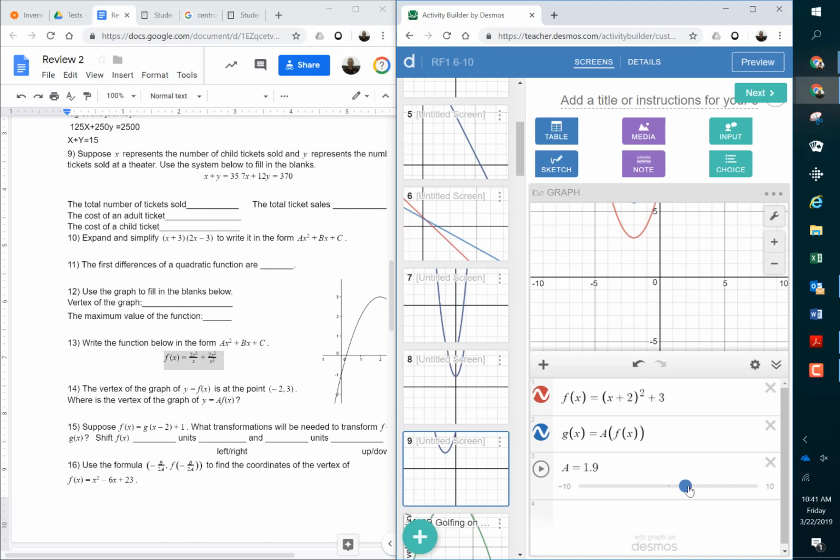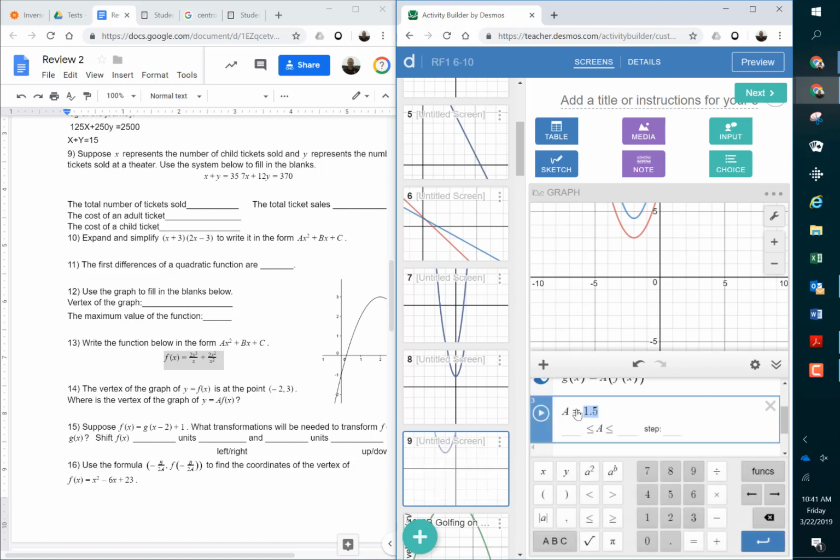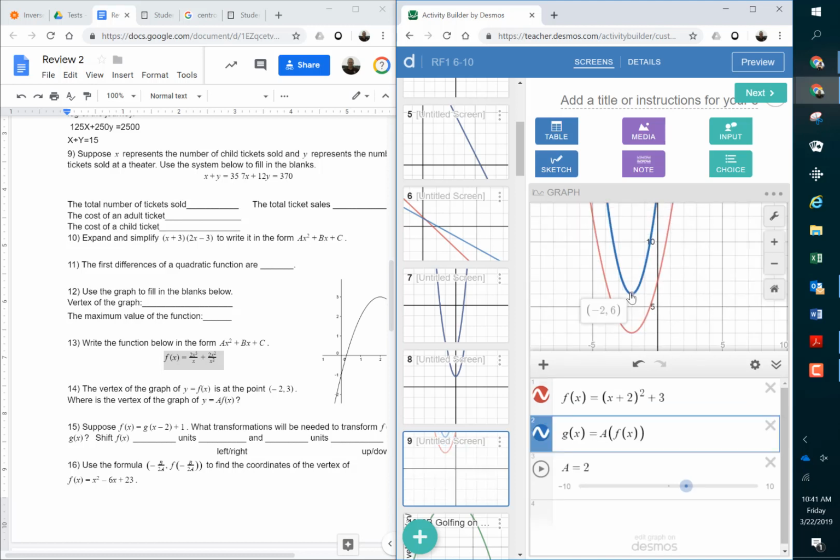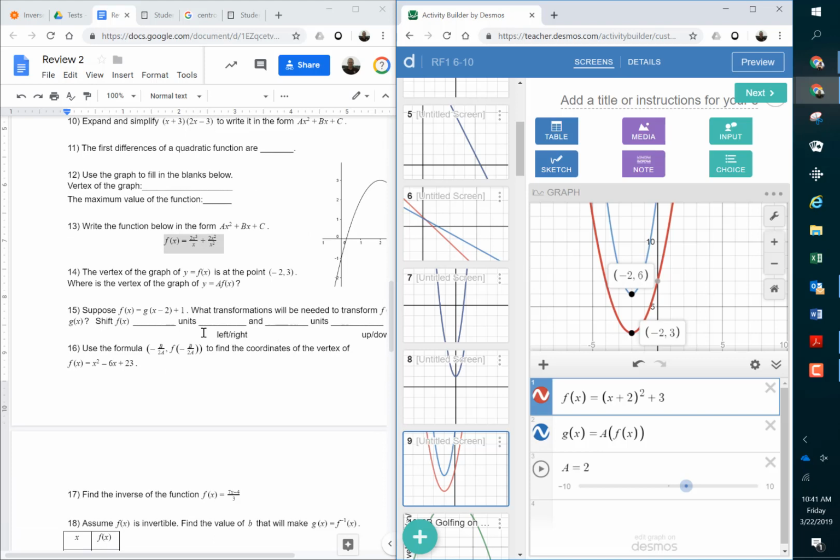If a, let's make a 2, if you notice, what does that do to the vertex? It moves it vertically twice as far. So it doesn't change the x coordinate, it only doubles the y. So how does it affect it? It moves it up and down, or stretches it out.